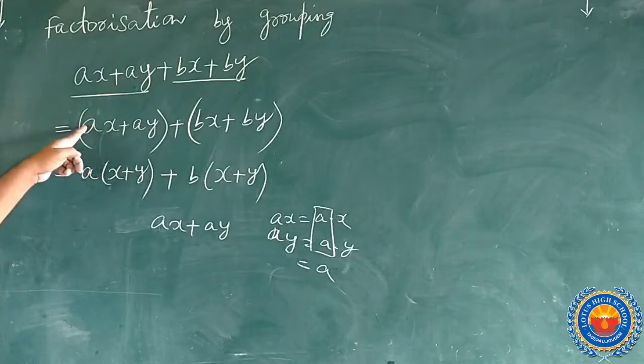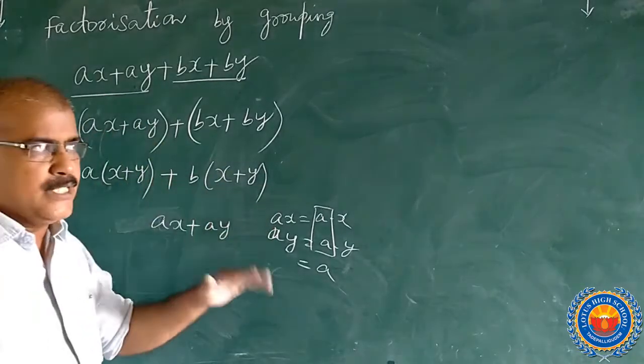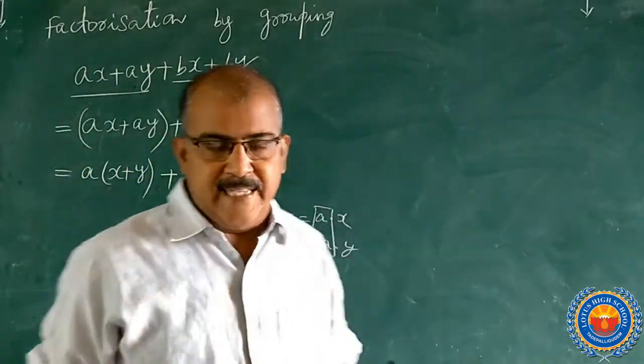Ax divided by a, I got x. Ay divided by a, I got y. Like I told before, this is easy. Already you learned it in 8th class itself.